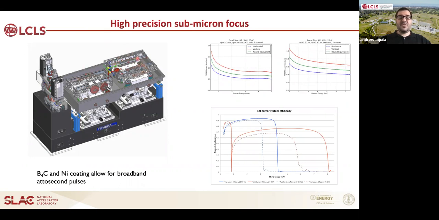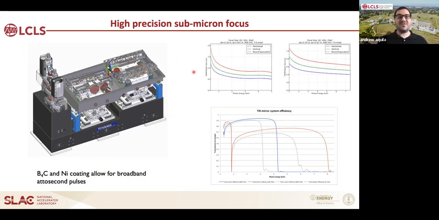Vertical focusing and then horizontal focusing. They're all on one large piece of granite. So when we do X-ray pump X-ray probe, if the granite moves around, the beam doesn't move. The overlap, the beam will move, but the 2 overlap spots will move together. We chose boron carbide and nickel coatings because those seem not to melt in the front end enclosure, which is important, and they give us nice high reflectivities.